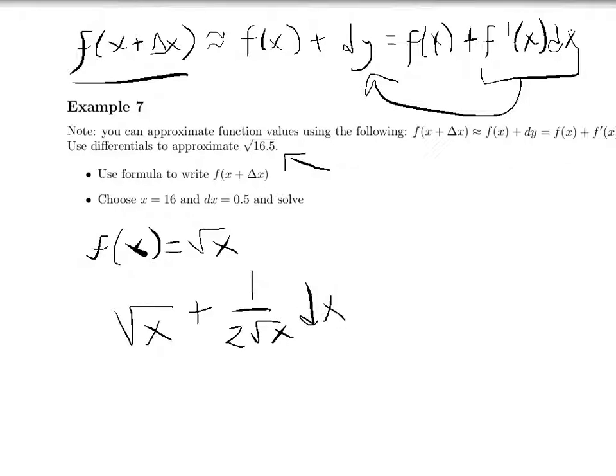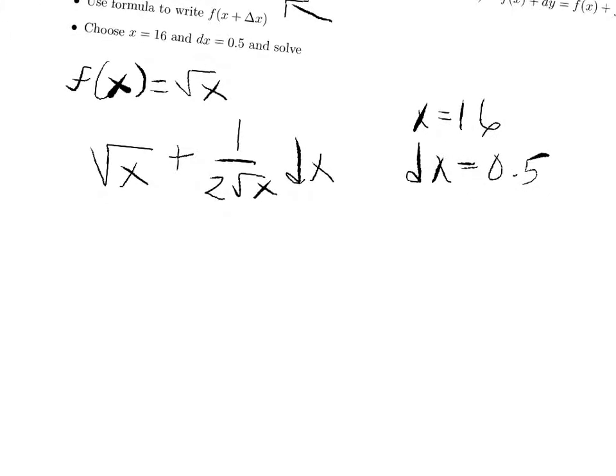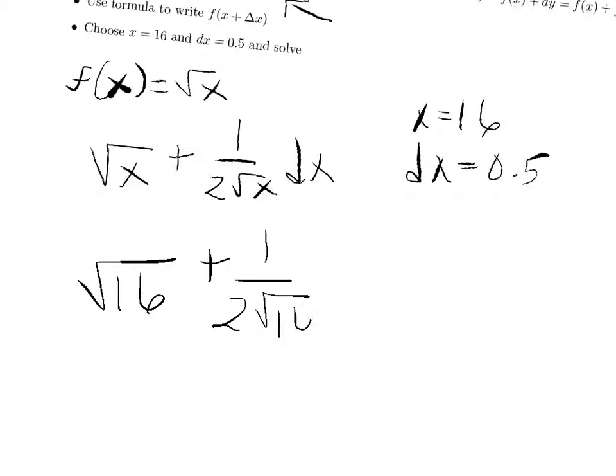And in this case, x is 16, dx is 0.5. Okay, so all we would have to do is plug in, right? So square root of 16 plus 1 over 2 square root of 16 times 0.5.